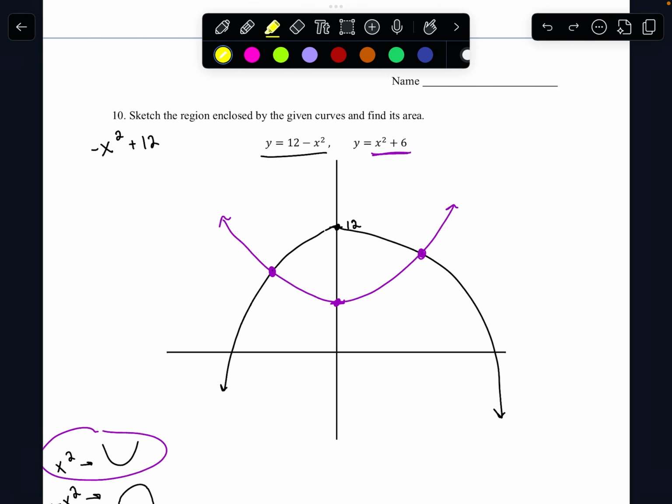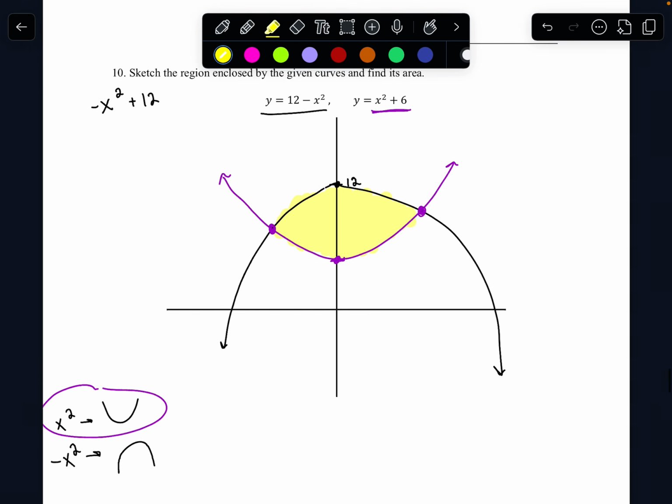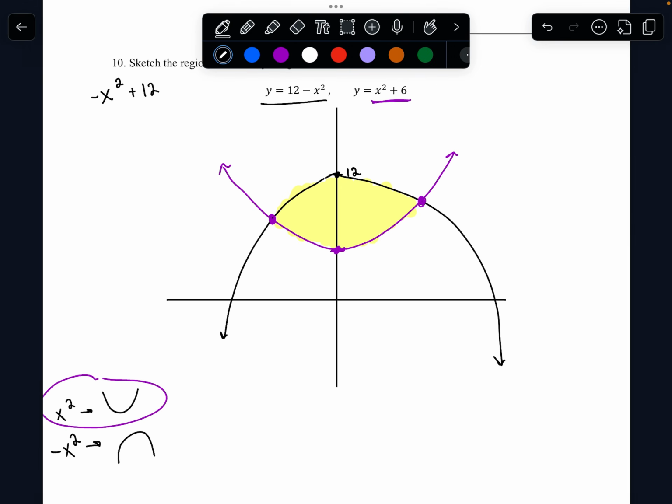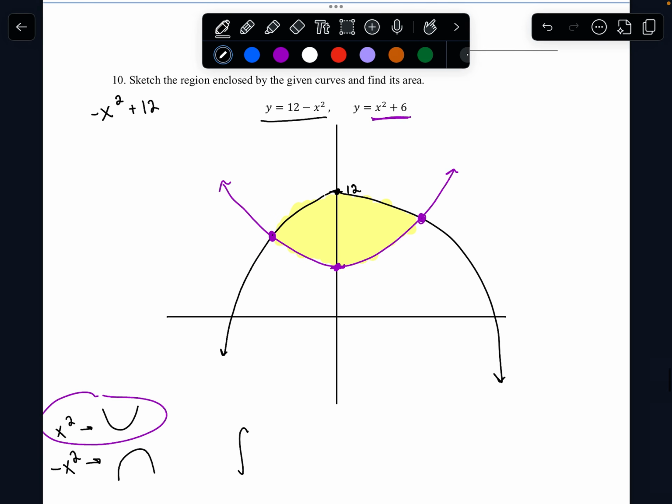So our goal here is to get the area of this region we have created by these two curves intersecting, okay? So we need to write some integral that will give me the area of this. And it's going to be the top function minus the bottom function.